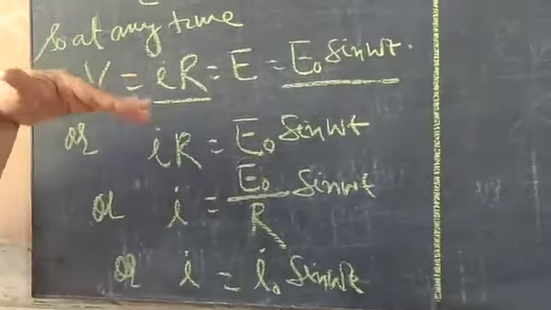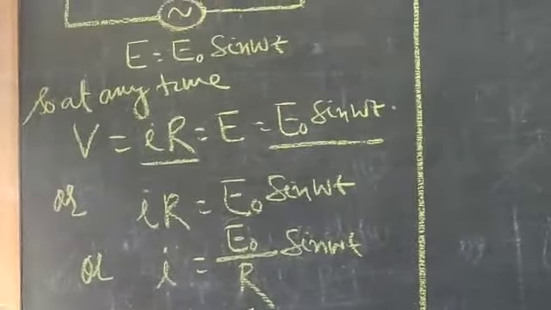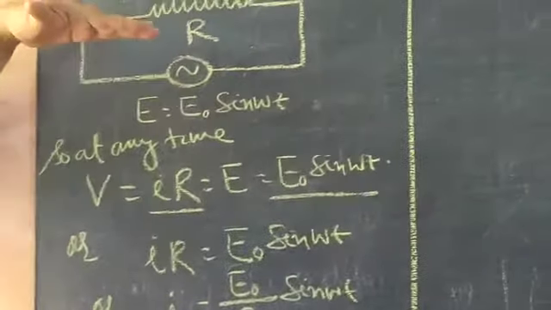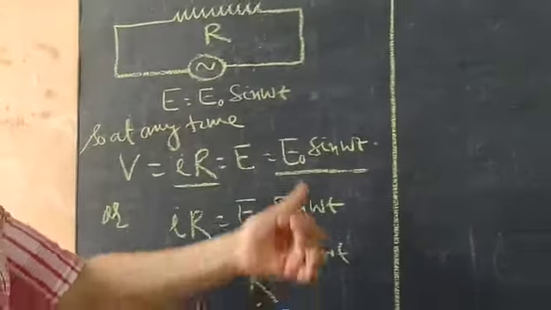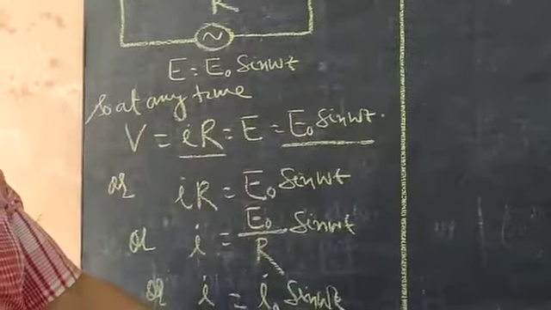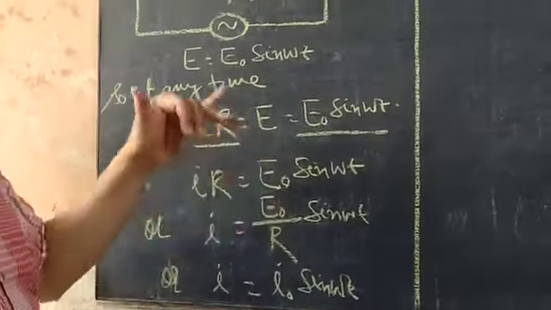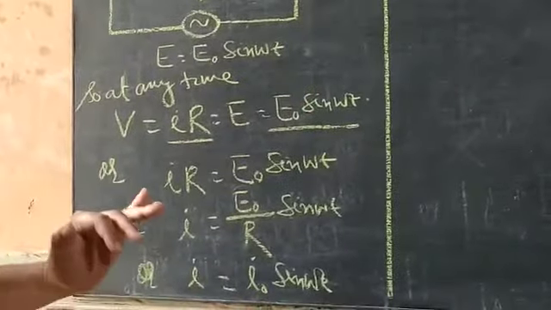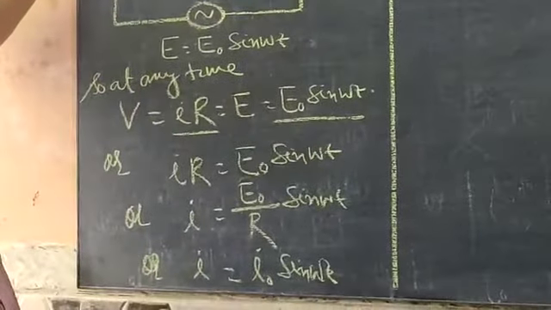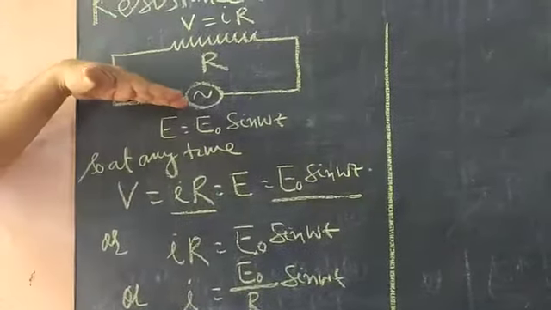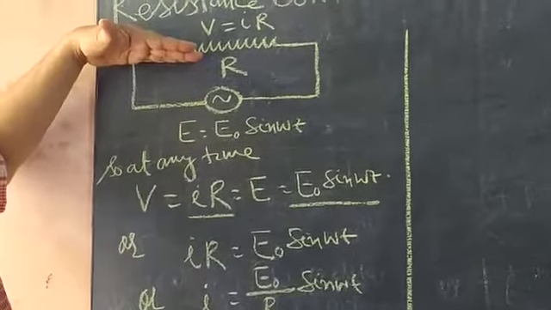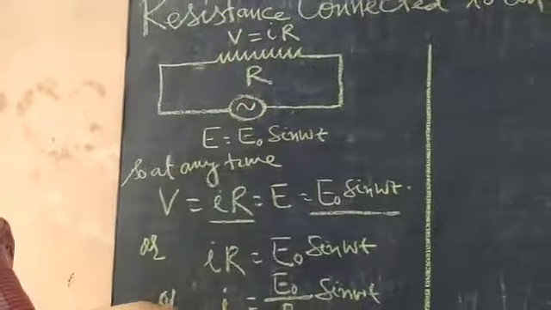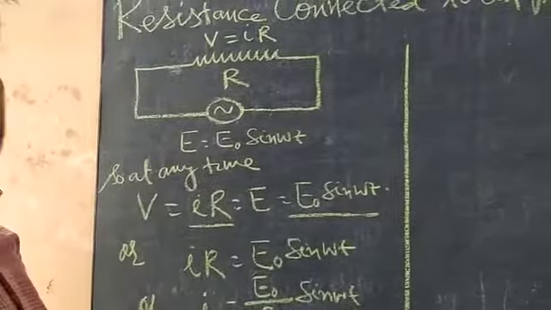It means across a resistance, current and voltage are in the same phase. They both are making angle omega t with their peak values. So when we connect a resistance to an AC source, through that resistor we find that current and voltage are in the same phase.